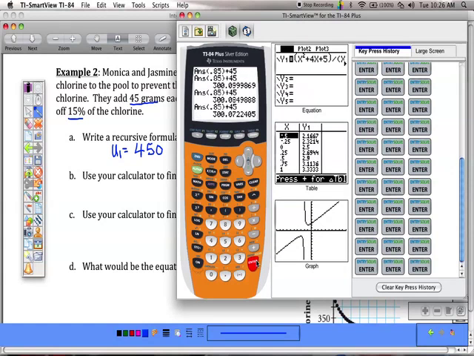Okay, this one right here, it looks like it's starting to slow down a little bit. Looks like the limit might be 300 grams of chlorine. Okay, so I'll stop it there.